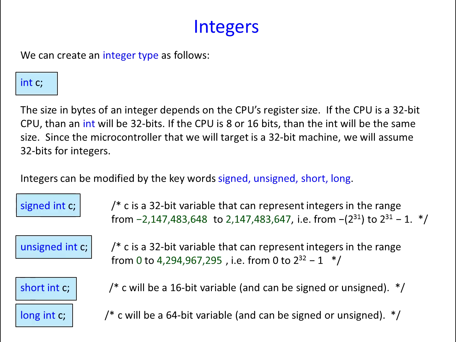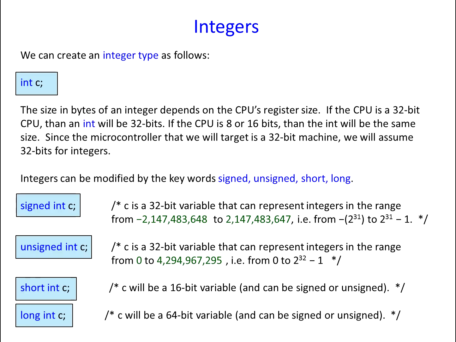If it's a 32-bit machine, the int will be 32 bits, but if you're targeting microcontrollers that are 8 or 16 bits, these can't hold numbers that are as large as 32 bits. So just be careful if you're porting code from one computer to another that has a different CPU in it.